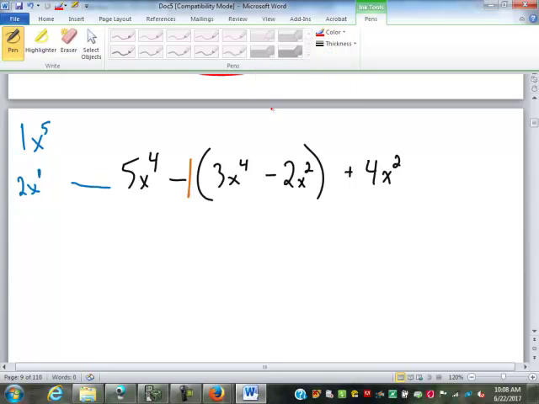So to solve that, we have to multiply through by negative 1. So the 5x to the fourth doesn't change. Negative 1 times 3x to the fourth? Negative 3x to the fourth, good. Negative 1 times negative 2x squared?